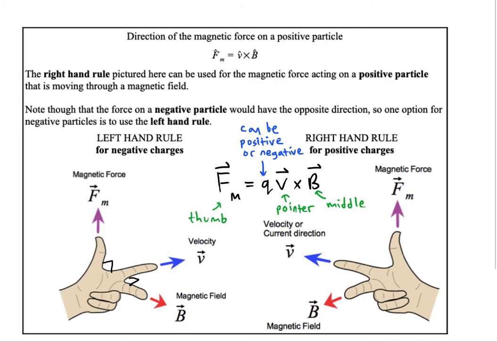So one way to easily fix that problem of the Q for negative charges is to switch to left-hand rule because it points in the opposite direction as the right hand. So with the left-hand rule, you point your pointer in the direction that the particle is moving, that's the velocity. The middle will be the magnetic field direction, and the left-hand thumb becomes the magnetic force on the negative particle.